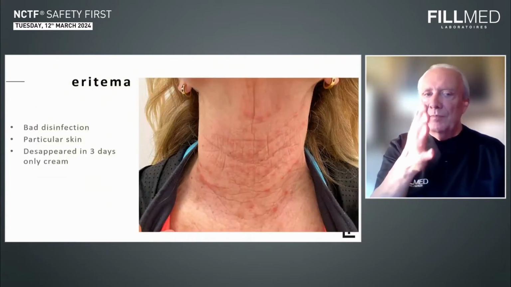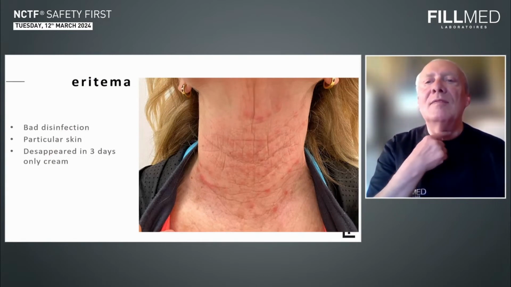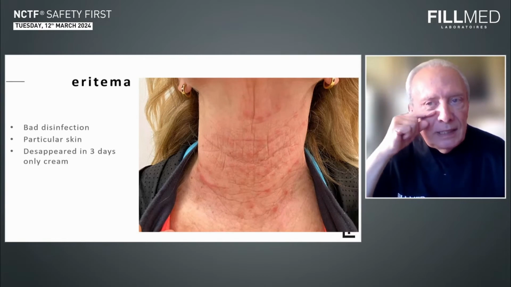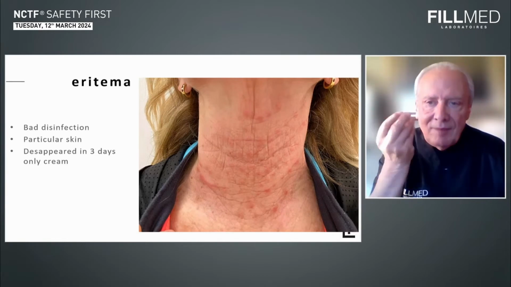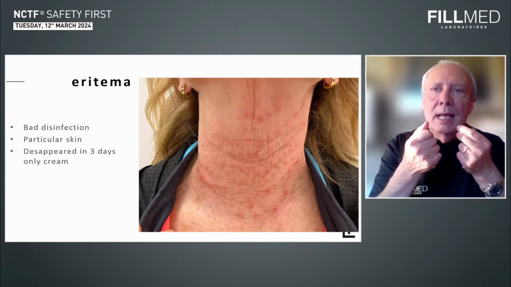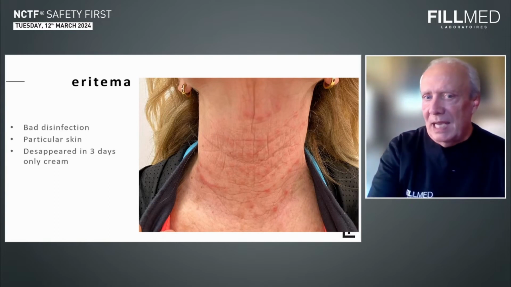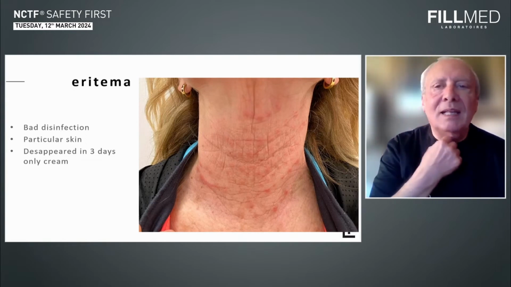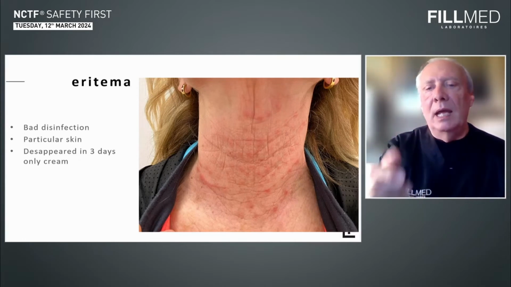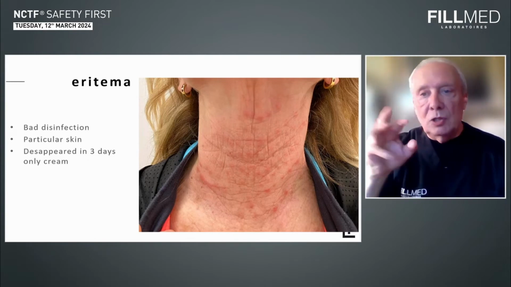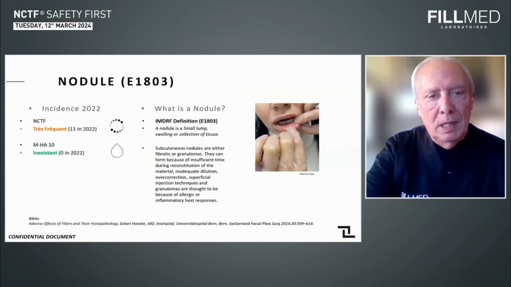Disinfection: when you have deep wrinkles, also here in the eyes, in the lower eyelid, we have to disinfect stretching the skin because we have some deep wrinkles. In this case, probably a particular skin, it was not disinfected thoroughly, stretching the skin, and we had for some days, in this case, maybe a cortisone and antibiotic cream can be a good possibility.